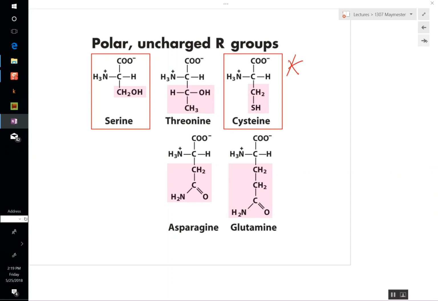And you said the SH group makes it polar? Yeah, just like this is a polar bond and this is a polar bond. You can see it's right underneath the oxygen, so it's similar to an oxygen. The SH makes it polar.